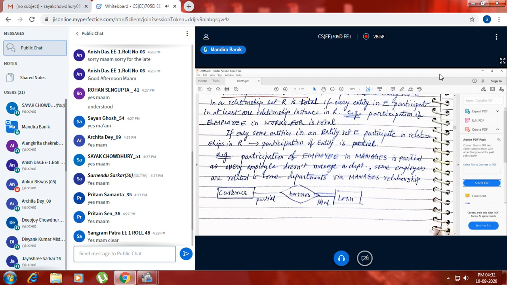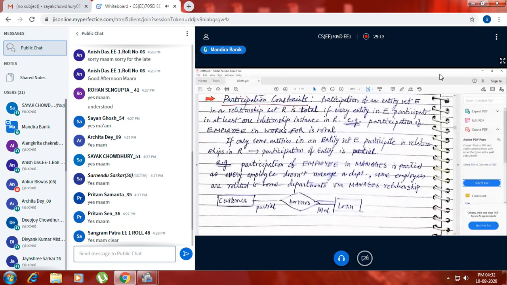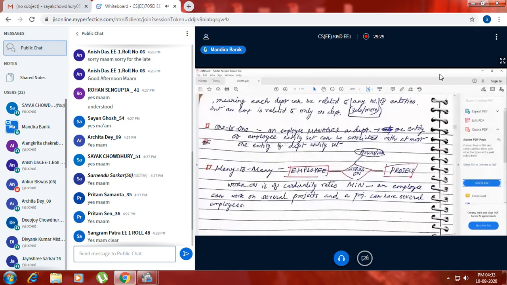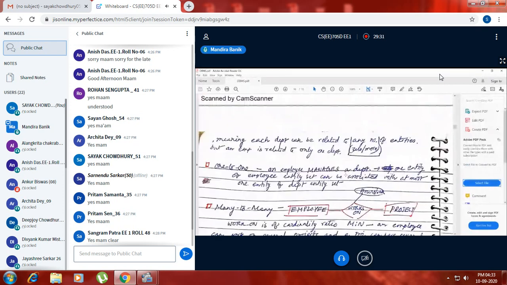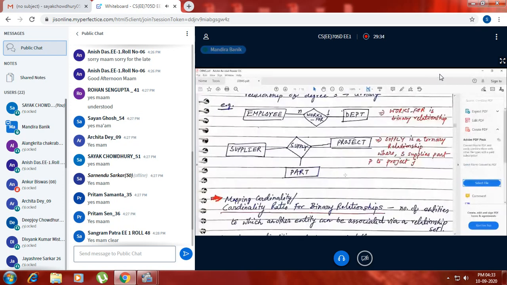Now total participation is shown by double lines, and partial participation is shown by a single line. And here it is told that the participation of employee in the works for relationship is total, because obviously all the employees are working for some department.